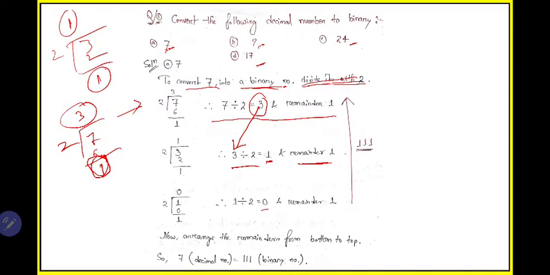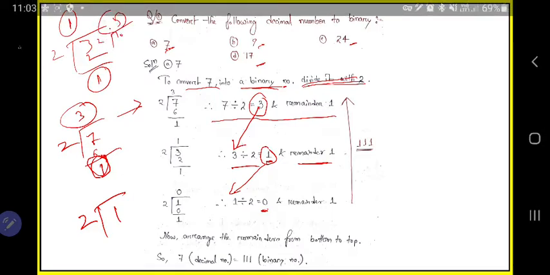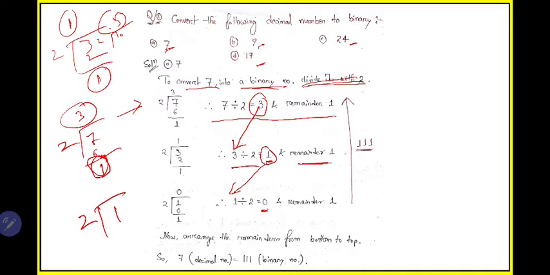Then again divide the answer over here, again divide it by 2, unless you are getting the final result as 0. So divide 1 by 2. Can you divide 1 by 2? No. You can get a decimal answer, for example 1 by 2 gives decimal 0.5, but remember, we are converting decimal numbers to binary. In binary only two numbers exist, 0 and 1.